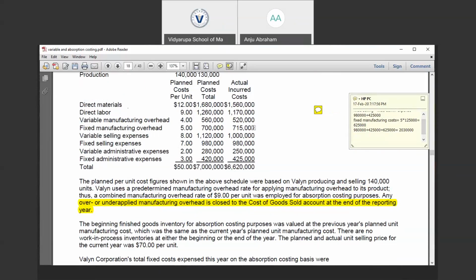It is 715,000. So okay, 700,000 is the planned cost, and what we actually applied to production was 625,000.